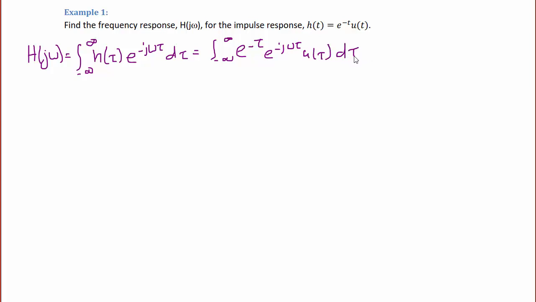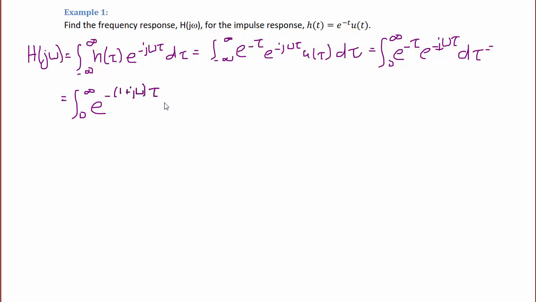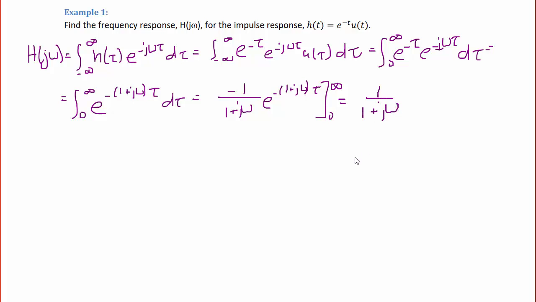The u of tau changes our limits of integration to be from 0 to infinity, so we have the integral from 0 to infinity of e to the negative quantity 1 plus j omega, tau d tau, which is equal to negative 1 over 1 plus j omega, e to the negative quantity 1 plus j omega, tau, evaluated from 0 to infinity, which equals 1 over 1 plus j omega.